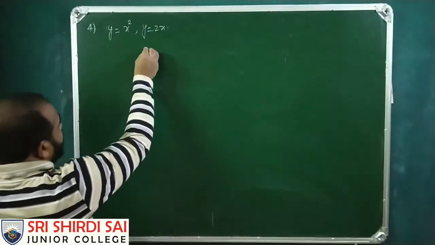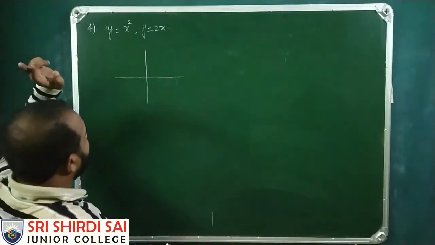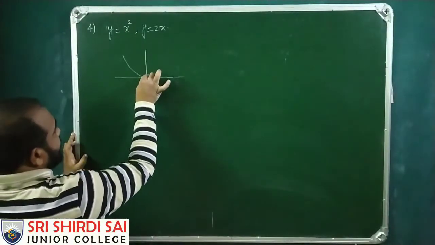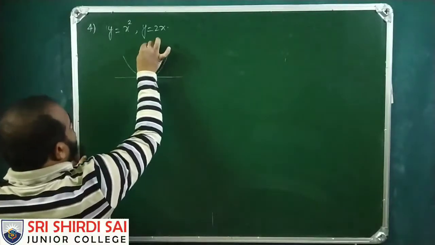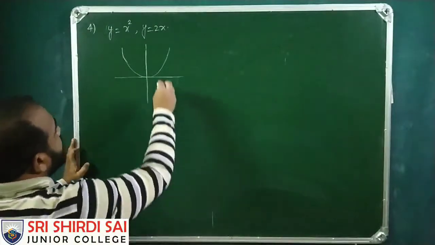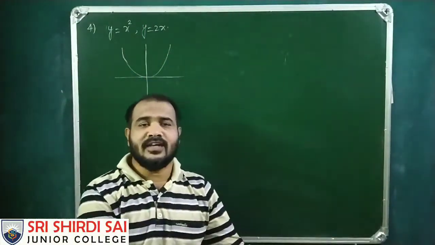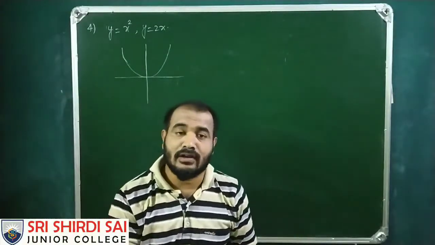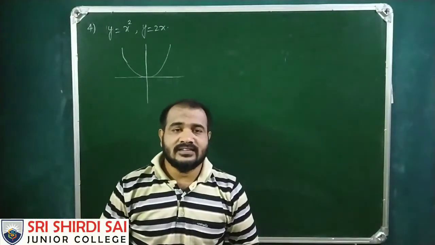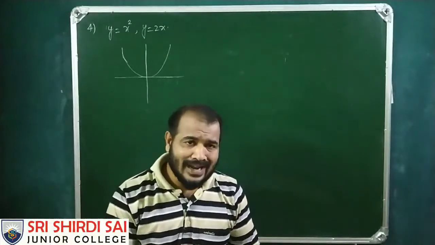So let us quickly sketch the diagram of this. y equals x square, so x power even, symmetric about the y-axis. So this is the parabola. And y equals 2x. We are very much familiar with this from the straight lines chapter. y equals mx is a line which always passes through the origin and it is a straight line.